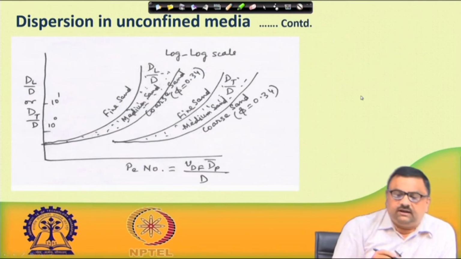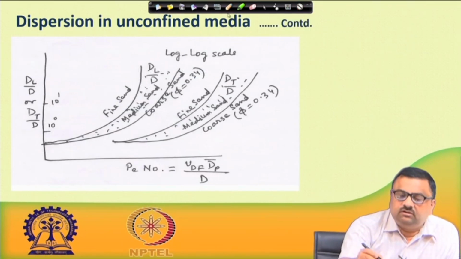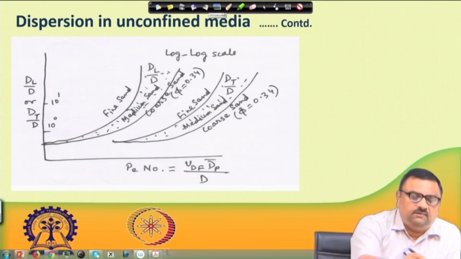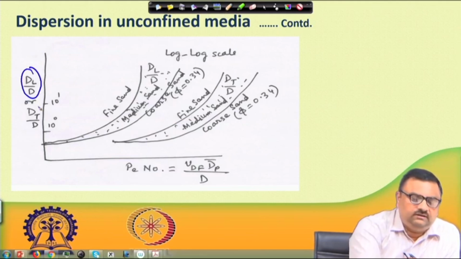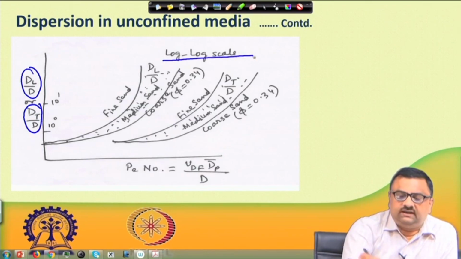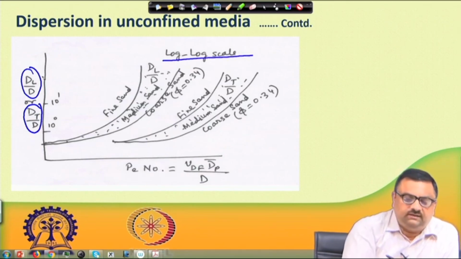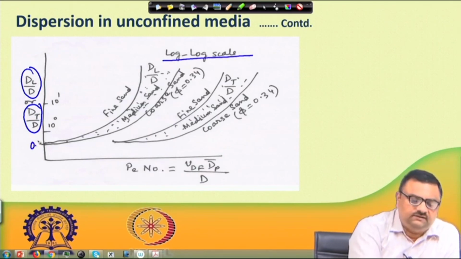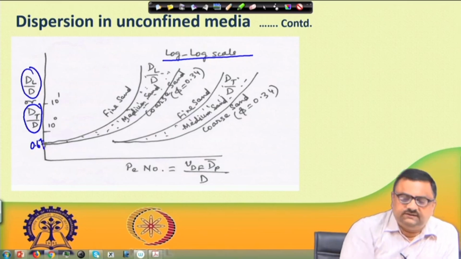So, this is what I was referring to: these dl by d, the longitudinal dispersion or transverse dispersion, put on a log scale. You can see this value converging to 0.67.